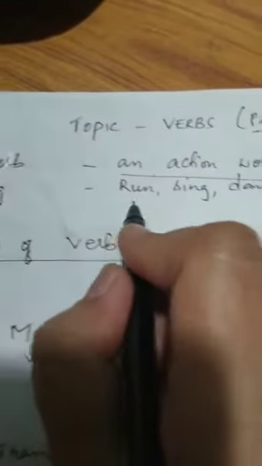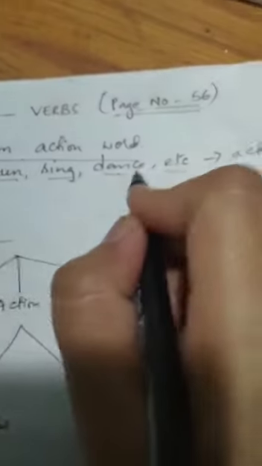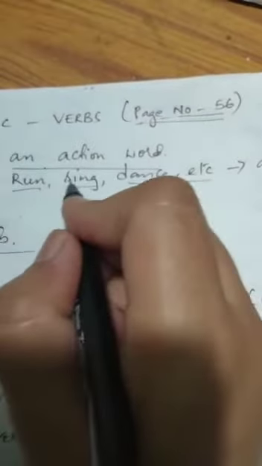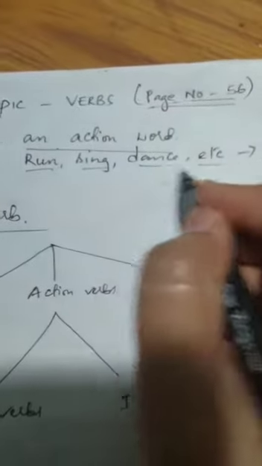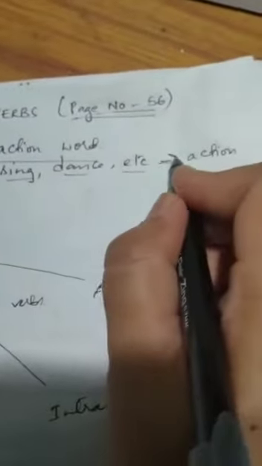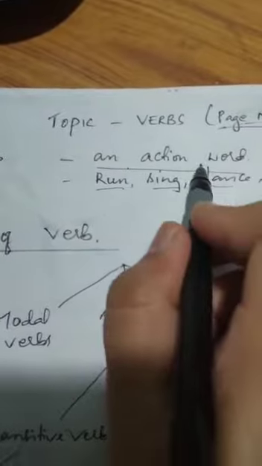For example, some examples of verbs are run, sing, dance, etc. Now all these are actions, right? Run is also an action, sing is also an action, dance is also an action. So all this denotes an action. So a verb is an action word, okay?